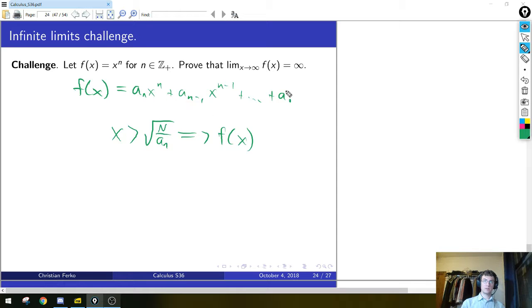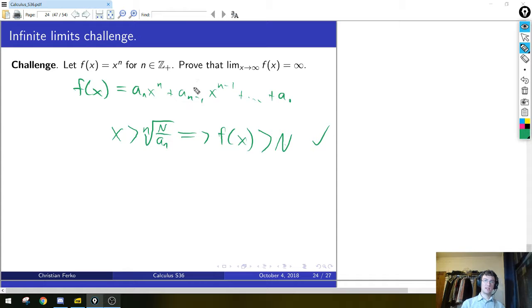So it can only get bigger than what I would get by considering this term alone, which by plugging in and raising to the nth power is bigger than m. So the same proof works if they're all positive.